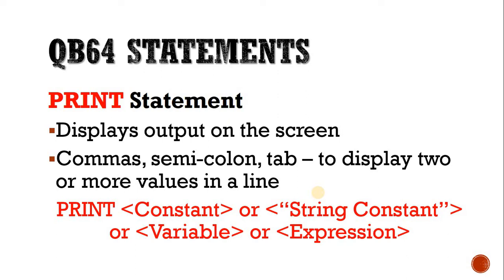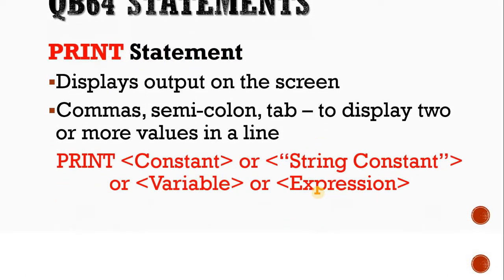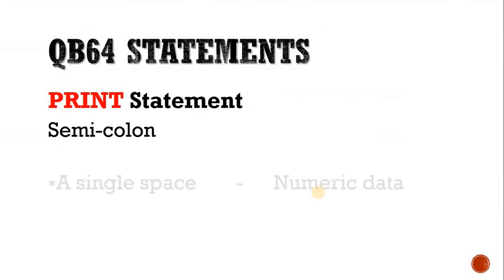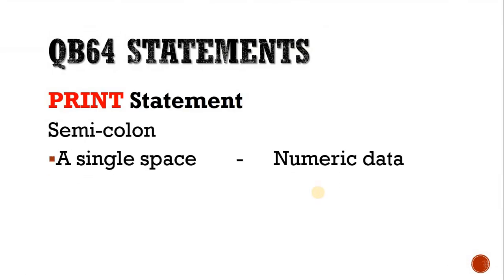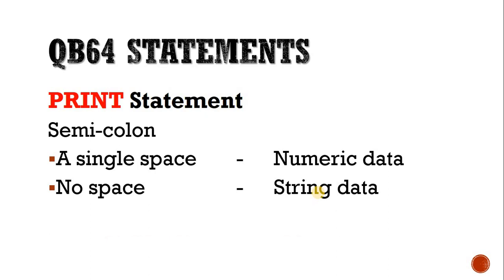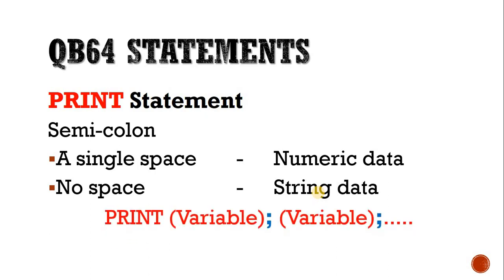Print more than one value in a line by using semicolon. When we use a semicolon, the next value will be displayed after a single space for numeric data. When we use a semicolon, the next value will be displayed without space for string data. This is the syntax for using semicolon with the PRINT statement.